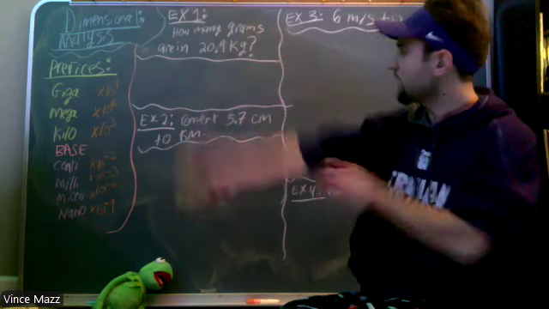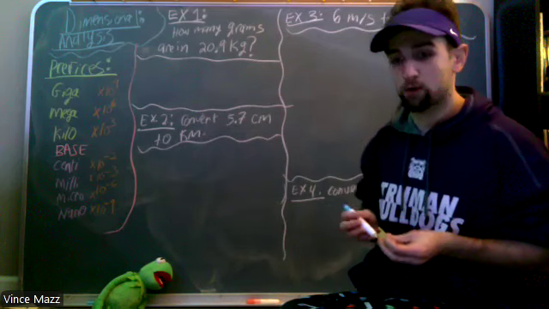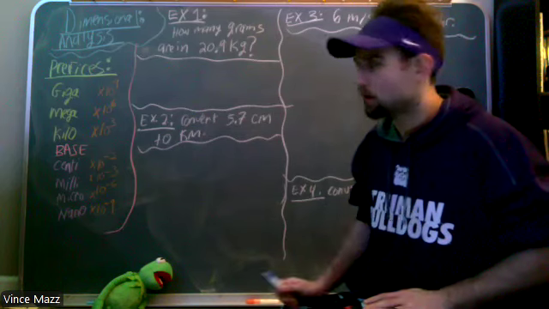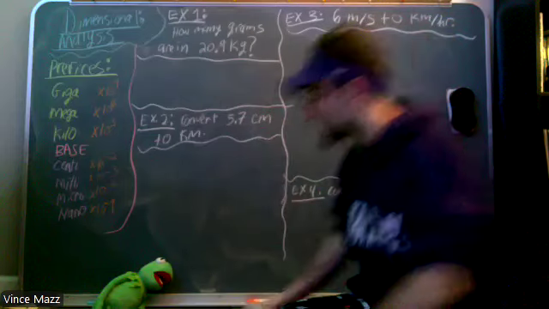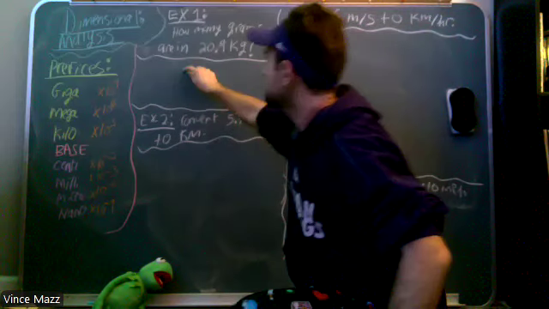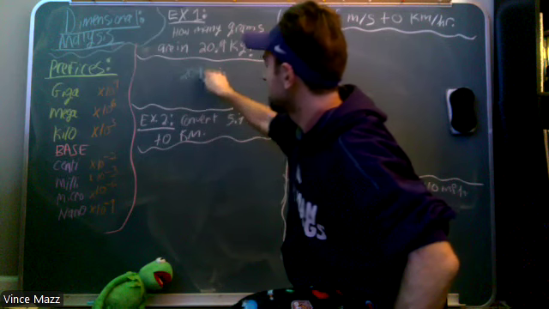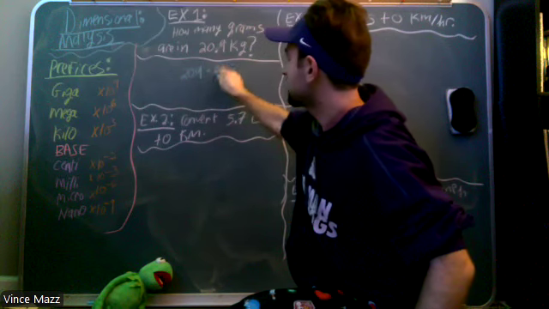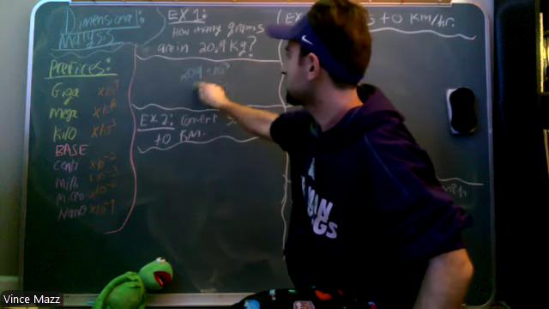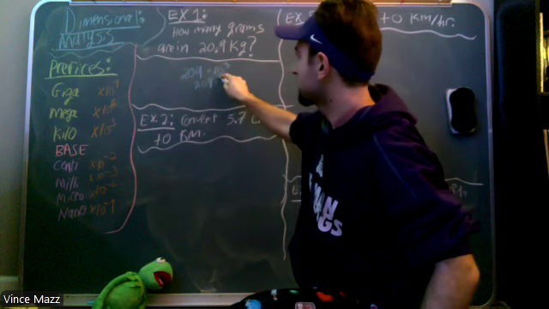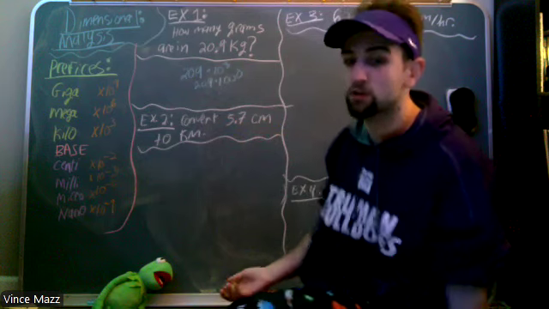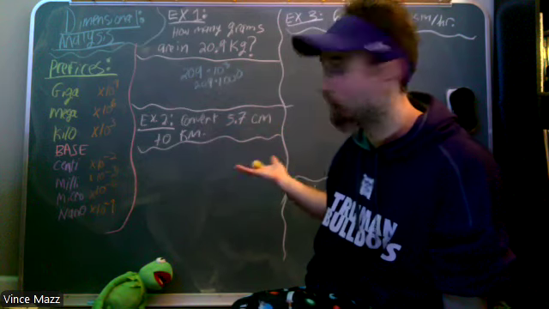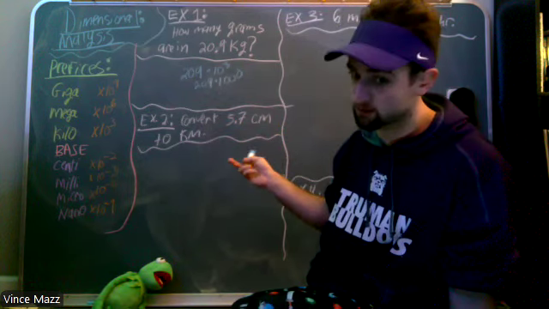Now, how many grams are in 20.9 kilograms? Well, there are 1,000 grams in a kilogram, meaning you do 20.9 times 10 to the third, which is 1,000, right? So you do 20.9 times 1,000. Essentially, the quick way to multiply by powers of 10 is to move the decimal point.